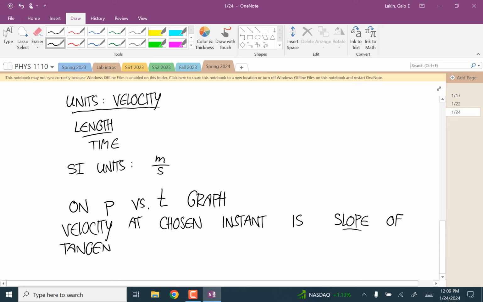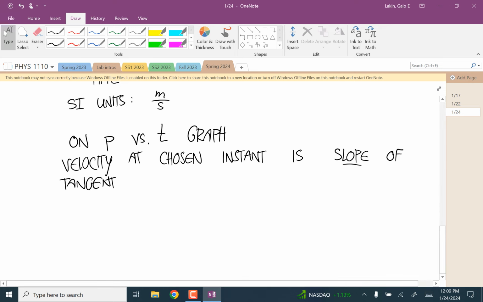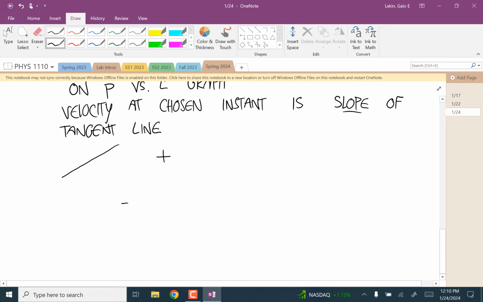We're starting to think about tangent lines this week in lab, so half of you have already seen this stuff, half of you will see it today. And so for signs of slopes, remember that something like that is a positive slope. Horizontal is a zero slope, and something like that is a negative slope.